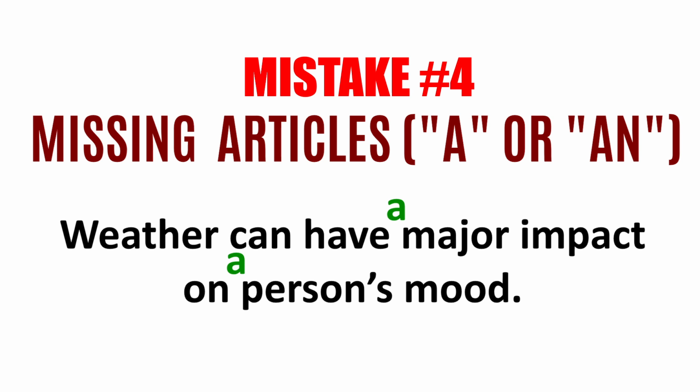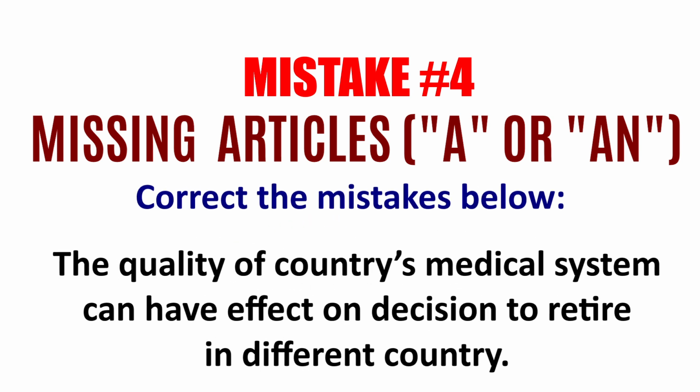So a person's mood. If you have trouble with A and AN, leave 2 minutes at the end of the test to try and catch your mistakes. Let's practice right now. Find the missing articles.